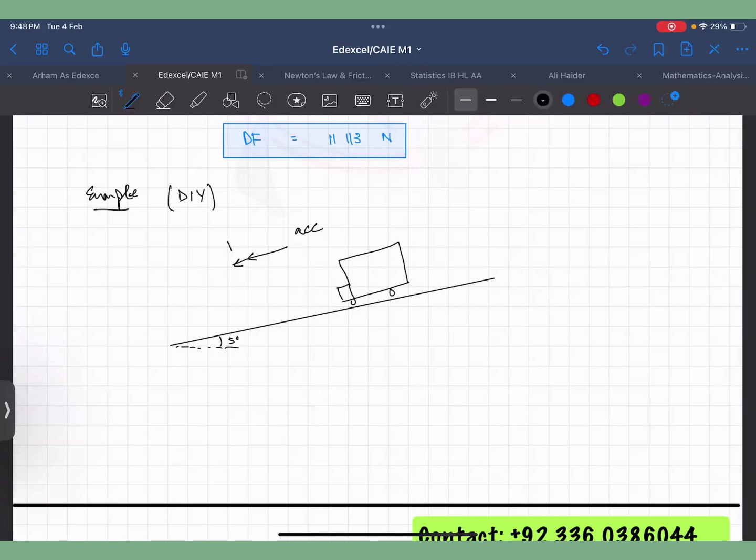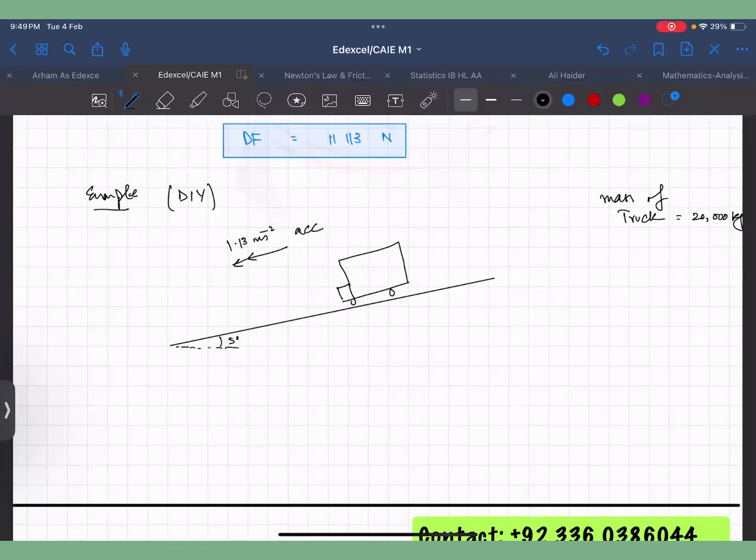Let's suppose the acceleration is 1.13 meters per second squared downwards. The mass of the truck, I don't know what the average mass of a truck is, let's suppose 20,000 kgs.